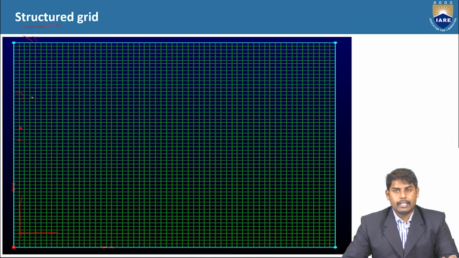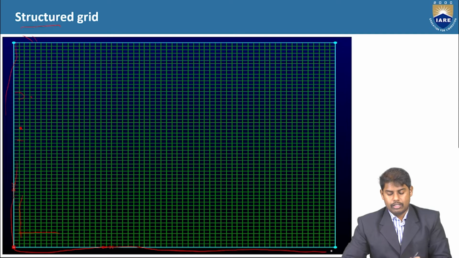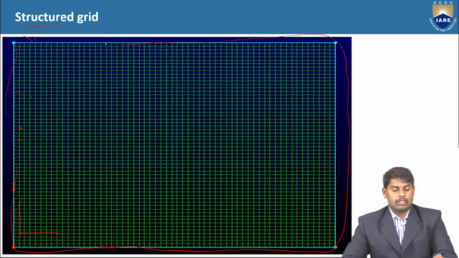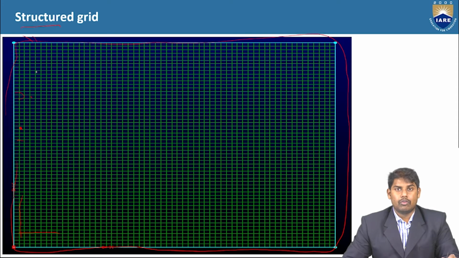Okay, and if you see the entire figure, the perimeter section, whatever we have, we call this a domain, a fluid domain. Basically the domain is the boundary of the entity.